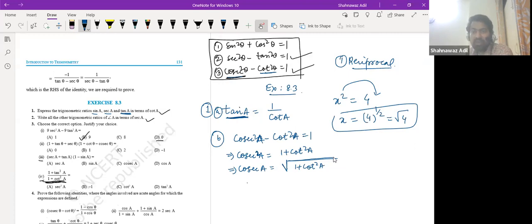I'm asking cosec, not cos. Cosec square theta minus cot square is 1, right? No, I'm asking the relation between sine and cosec. Relation between sine A and cosec A.